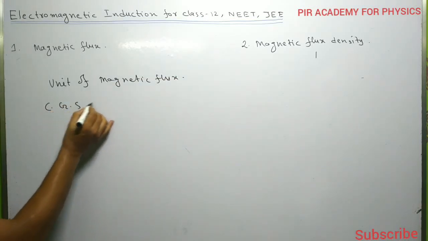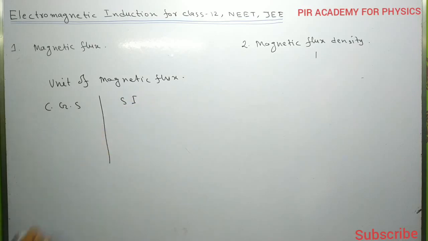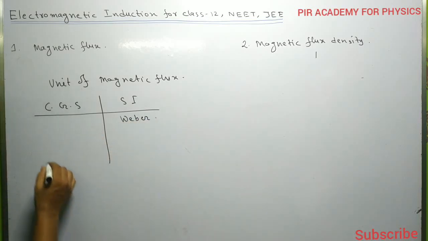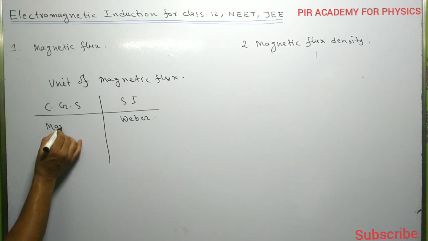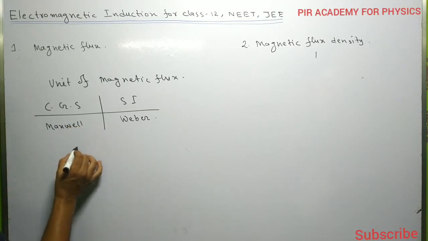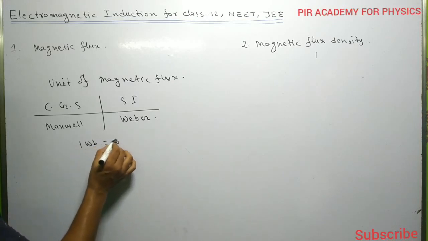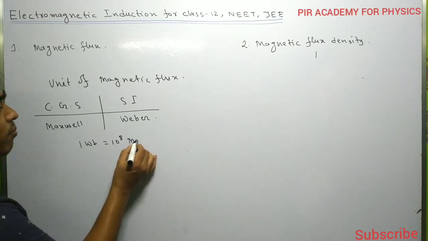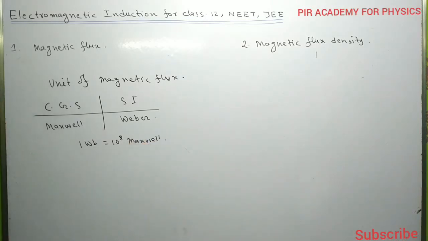In the SI system, the unit is Weber, and in the CGS system, the unit is Maxwell. The relation between the Weber and Maxwell is 1 Weber equals 10 to the power 8 Maxwell.